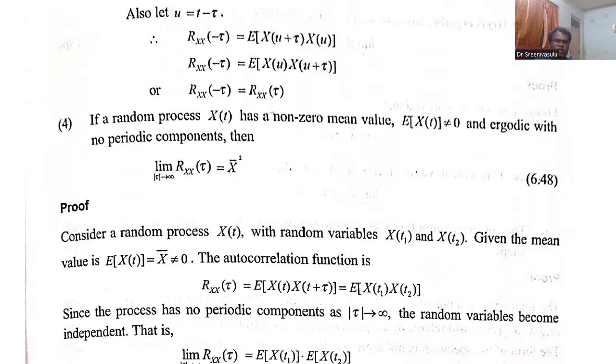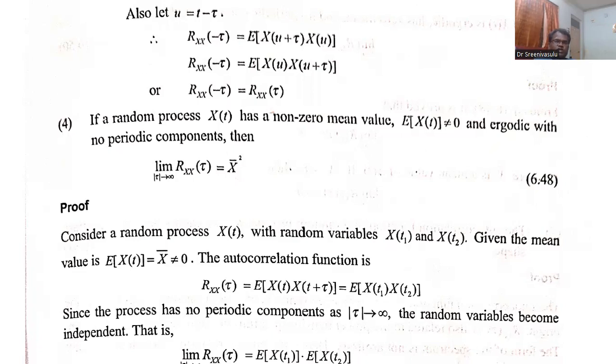Now, t is equal to u plus tau, it is one signal. Another one is, instead of t minus tau, you can substitute it as u. It is another signal. So x of u plus tau into x of u.